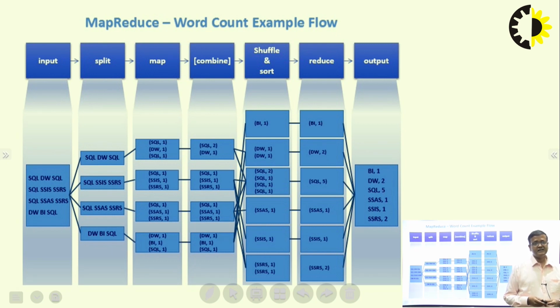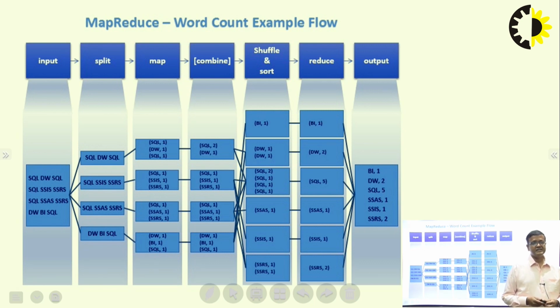What we are seeing under the reduce column is the reduce output. Under the map column, we are seeing the output of the map function. Under the reduce column, we are seeing the output of the reduce function.